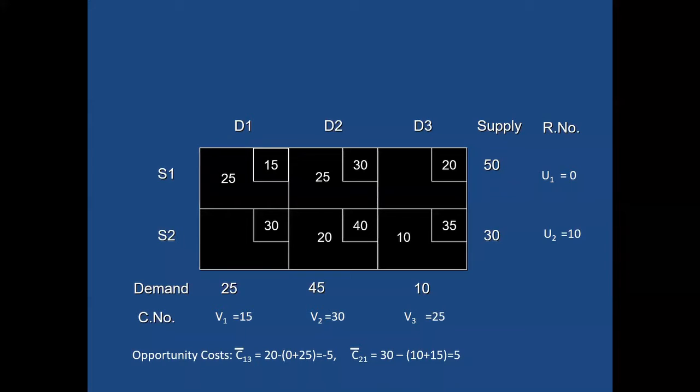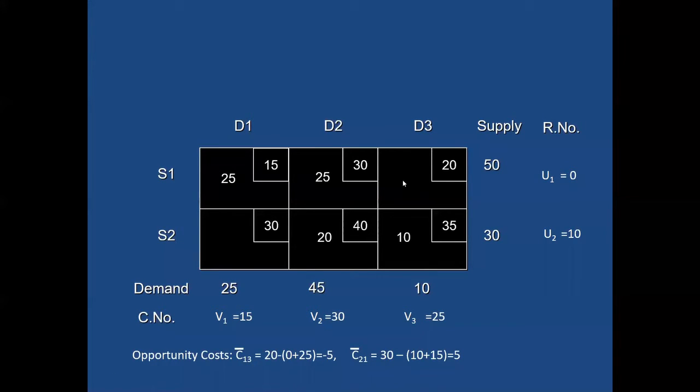It simply means that if I make some allocations in C13, I can reduce my cost further. Whereas I cannot do any allocation in C21 because it will increase my cost. Now to perform the allocation, if I have to do it in C13, so 1, 3 here in this cell, I have to draw a closed circuit or a loop.